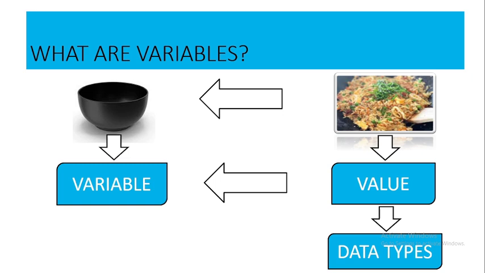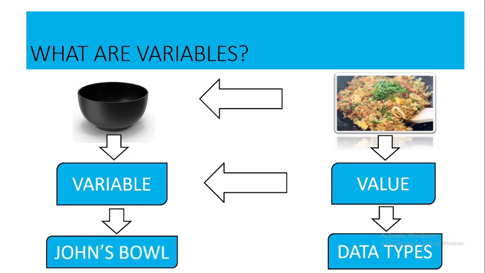So the value that we put into the variable that we create are those various data types, and then we can give a name to that variable. In this case, we gave John's bowl as a name to the container in which we put our value.